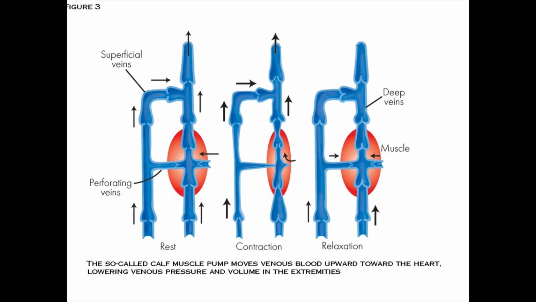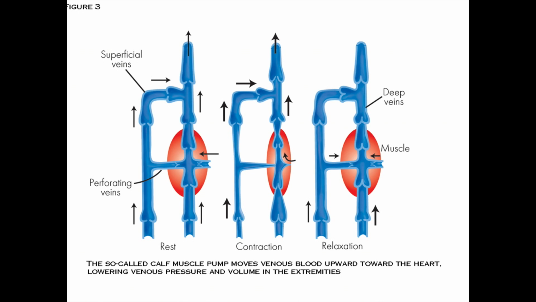And I think if we go to the next slide, we can see one of the things that contribute to normal venous circulation. And here you can see a picture of superficial and deep veins.